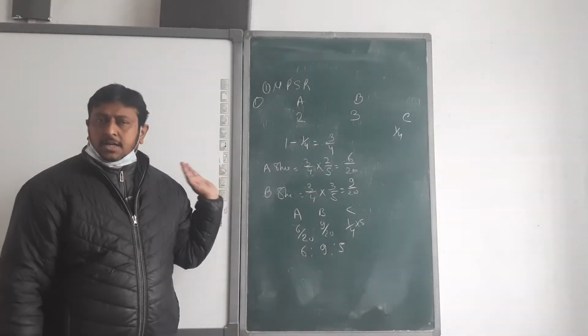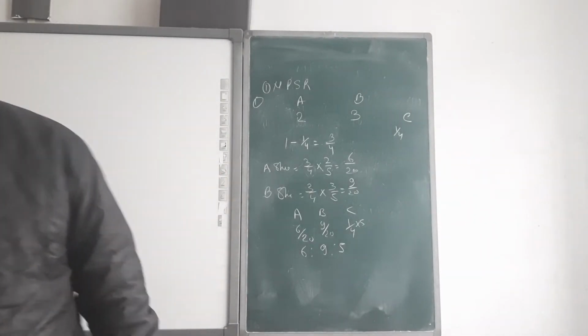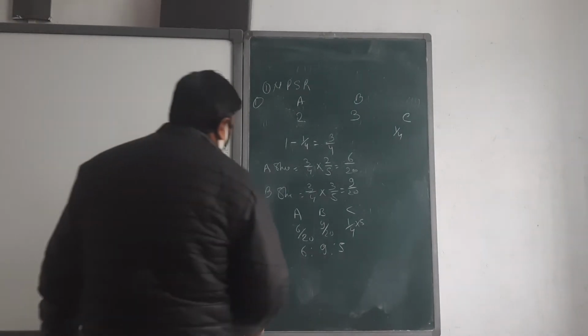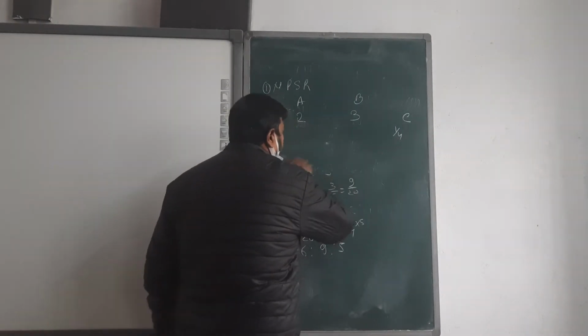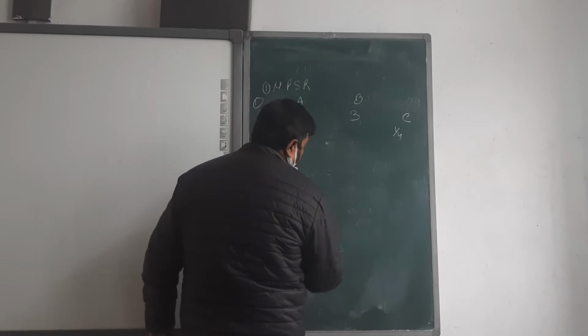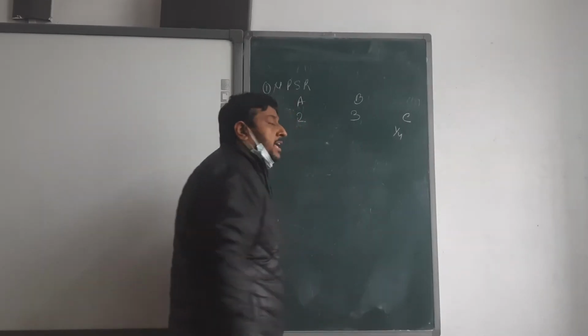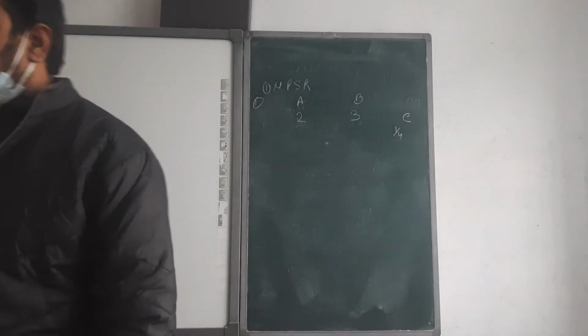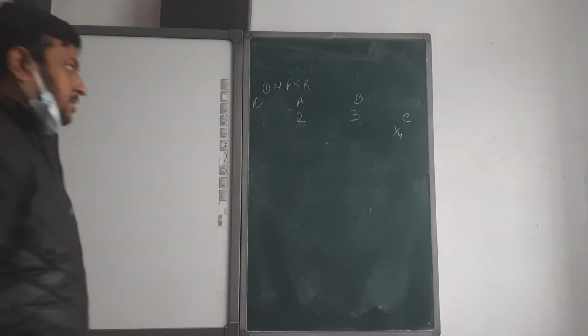Okay beta, clear? Go for the next. If C takes his share equally from both, just think about that.